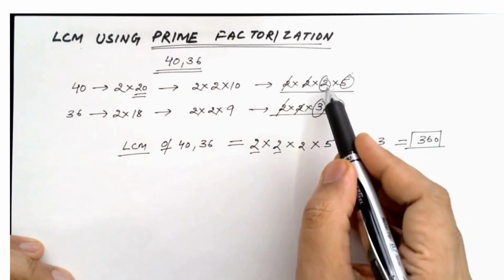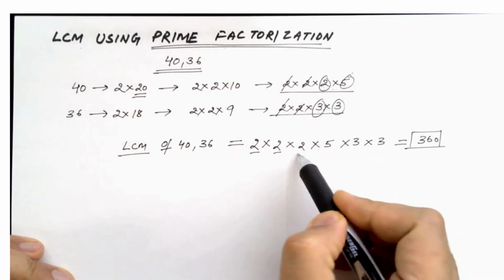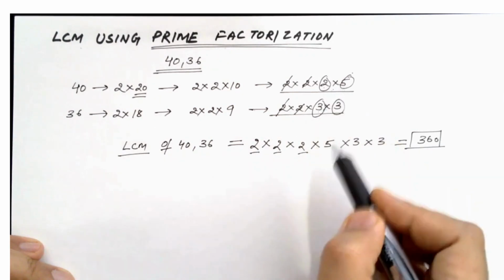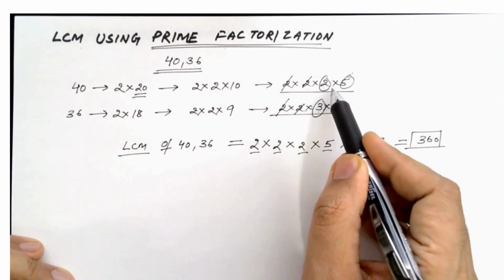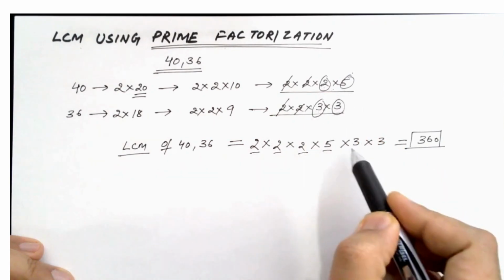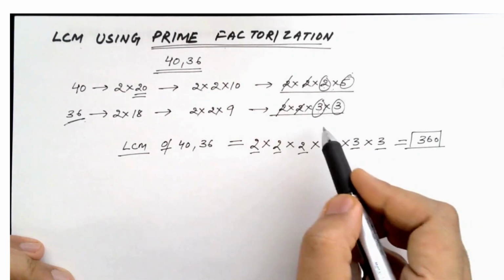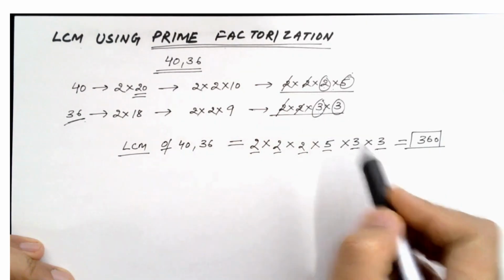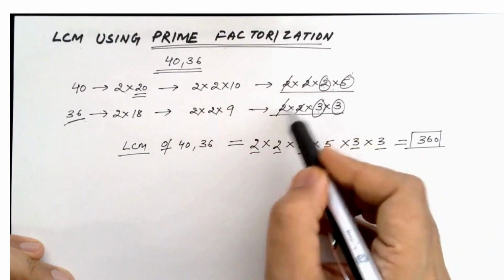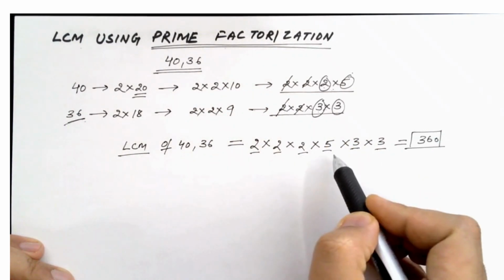So if an additional 2 is present here but not in the other, we have to include that once. Same way we include 5, and these 3s were not present in the 40, but we include them because they are present in 36. So each prime factor gets a representation in the LCM, but the common ones only get a representation once. This is a simple concept.